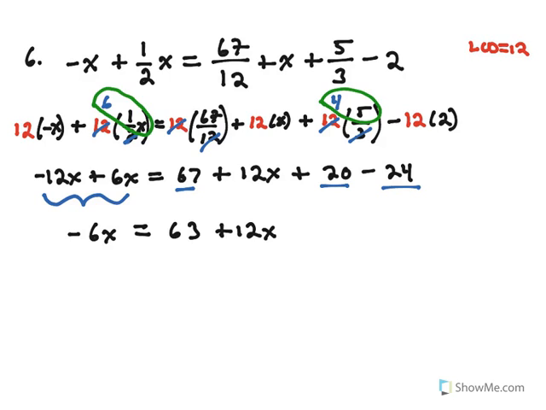Okay, and I would probably subtract 12x on both sides. That way these cancel, and now you have negative 18x equals 63. Then divide both of these by negative 18.